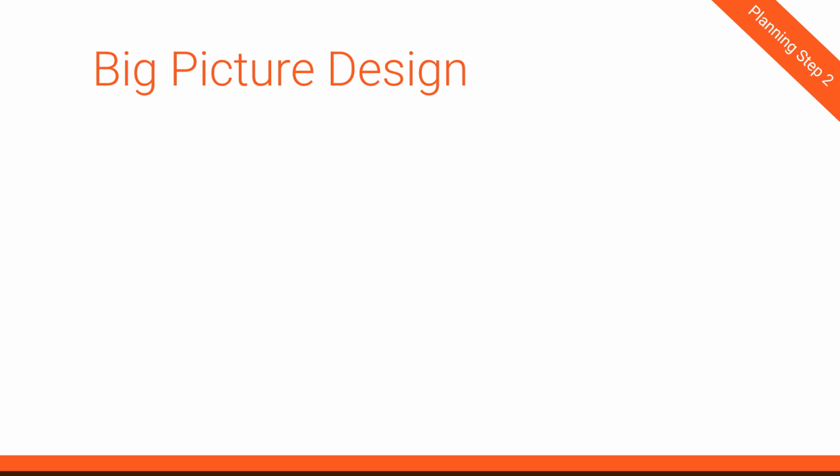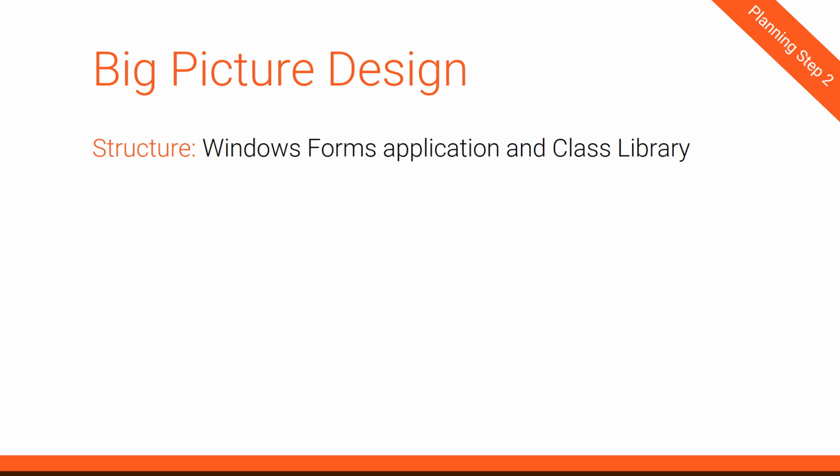The first broad brushstroke of our application is the structure. In our case, the structure is going to be a Windows Forms application and a class library. I point that out whenever I build an application. I try very hard to put all my code, or at least my models, into a class library.